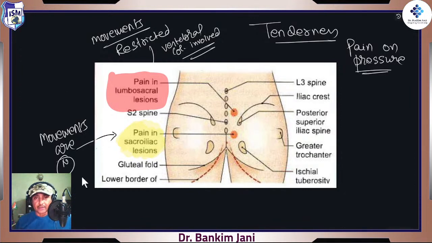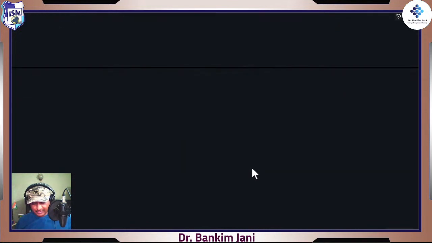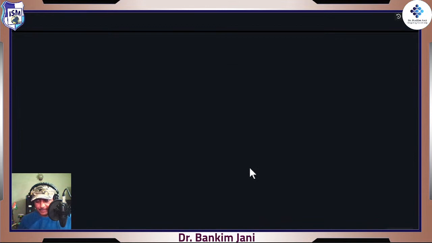Okay, as promised, we now start with the stages of labor. This process is also called parturition.